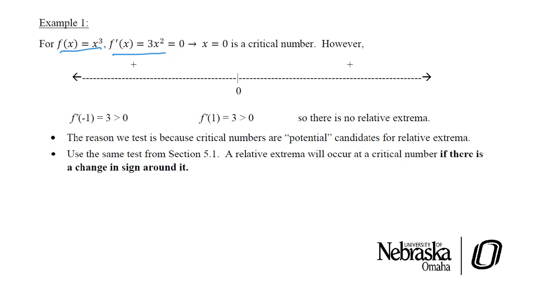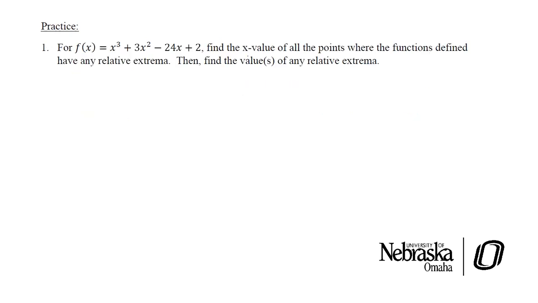So this means there's no change in slope, so there is not a relative extremum, even though we have a critical number. Critical numbers are potential candidates for relative extrema, but are not necessarily true. You can go back to section 5.1 if you want to review a little bit of what we are discussing there.